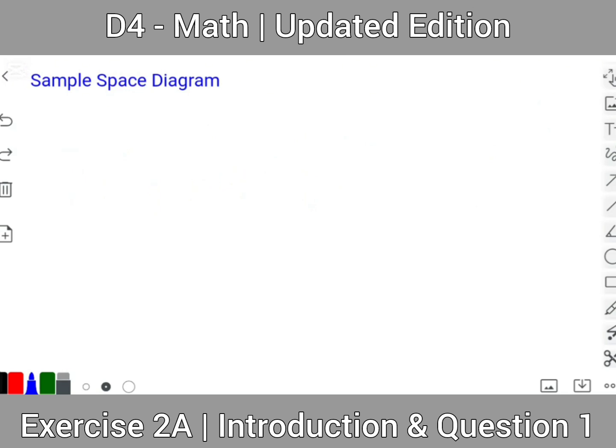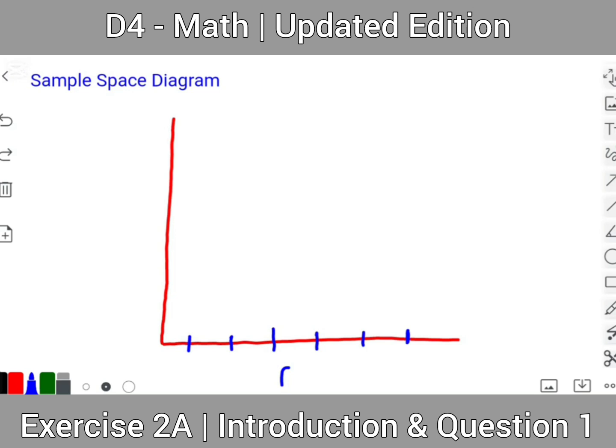Here we will draw 2 axes, one vertical line and one horizontal line. This line shows the number when the first die is rolled, and this one is for the second die.